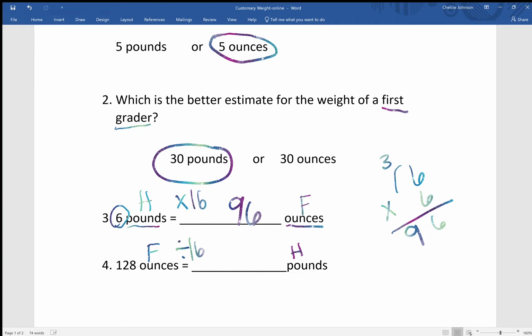So now it gets a little tricky, but we've done some problems very similar to this before. I'm going to delete that so we have room. You are looking at 16, which you would be dividing by, but we're going to turn it into multiplication because we know multiplication and division are just reverse operations of each other.